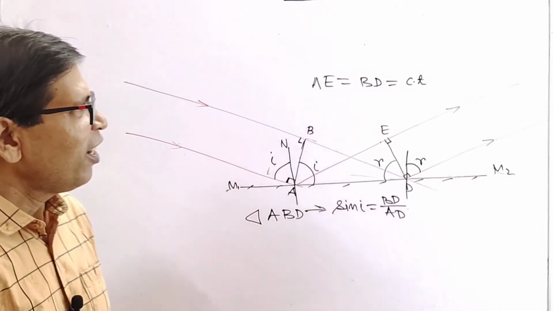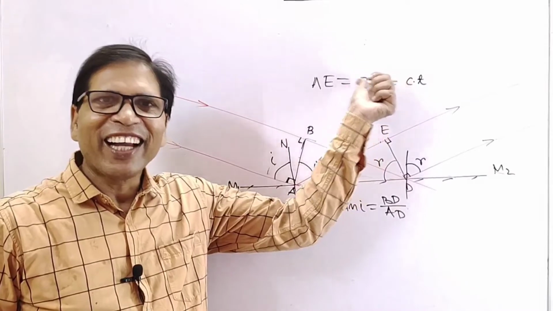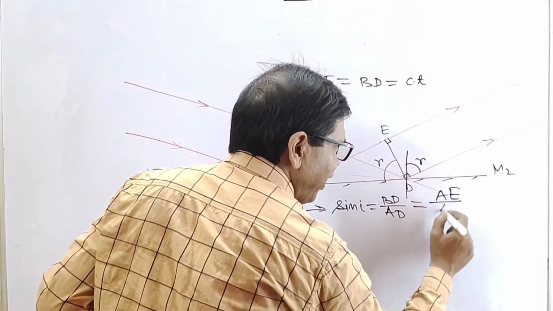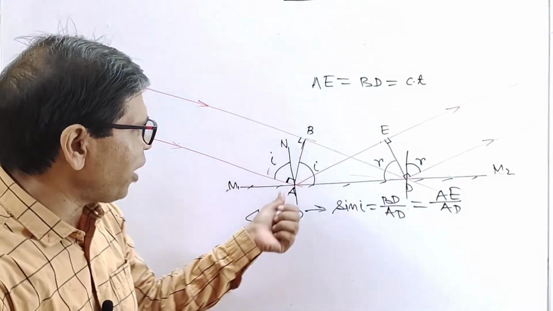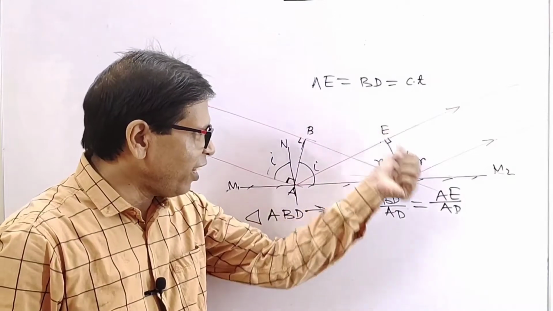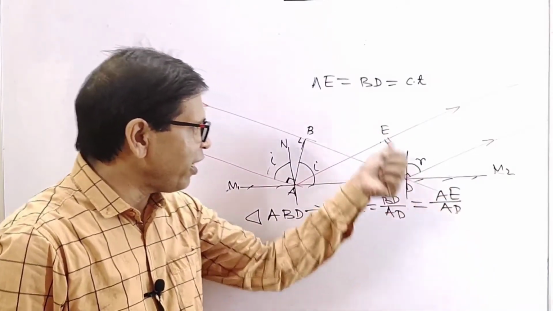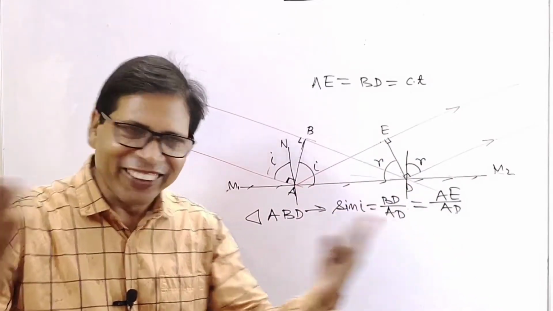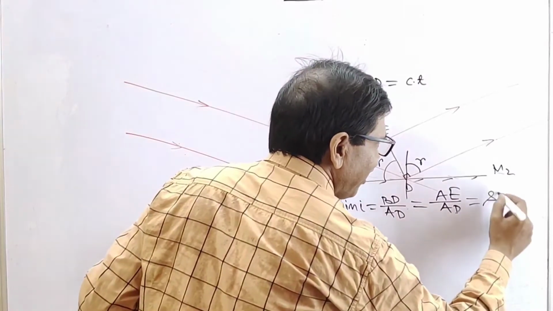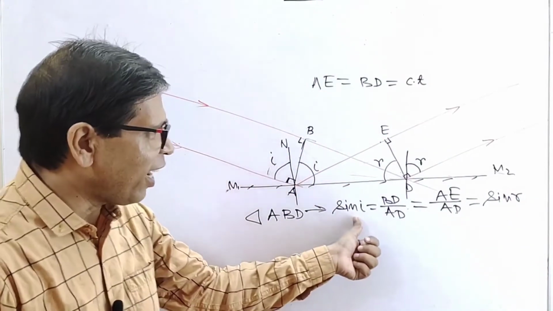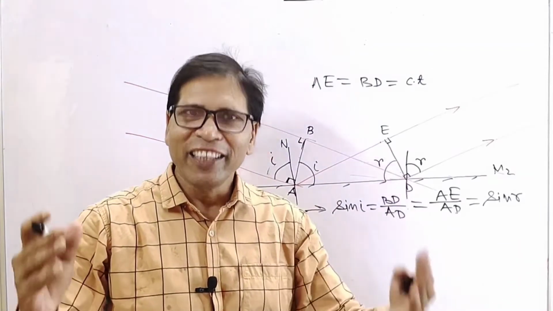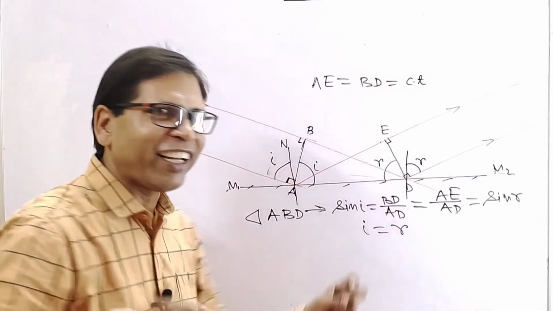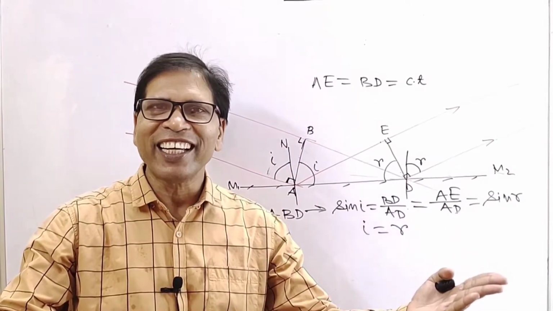Since BD equals AE, this becomes AE divided by AD. From triangle AED, AE by AD, perpendicular by hypotenuse, equals sin r. Therefore sin i equals sin r, therefore i equals r. That is, the angle of incidence is equal to the angle of reflection.